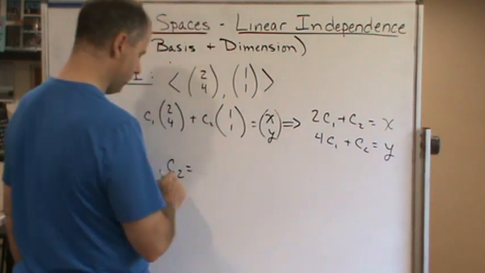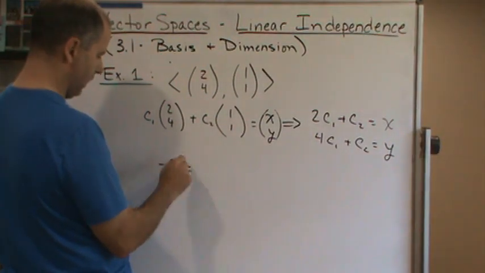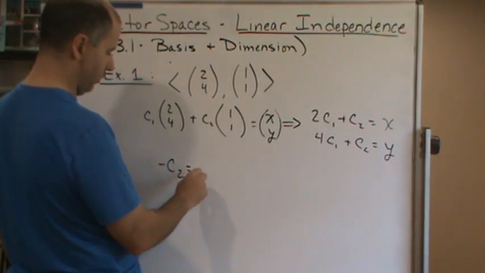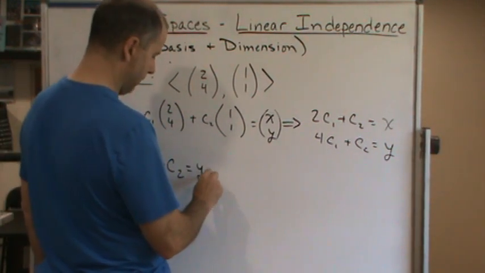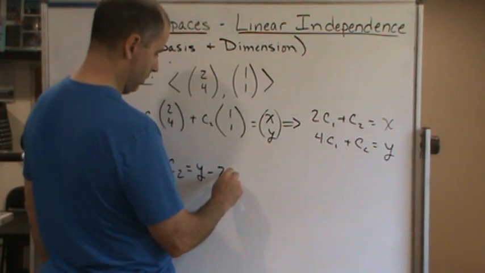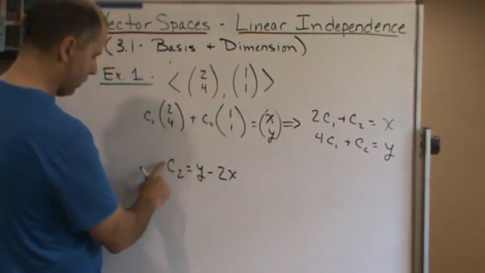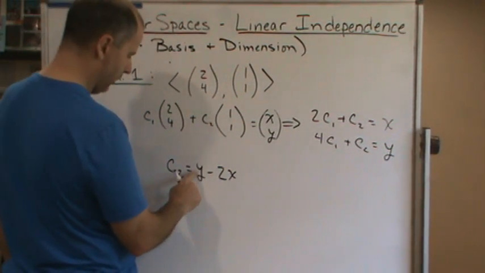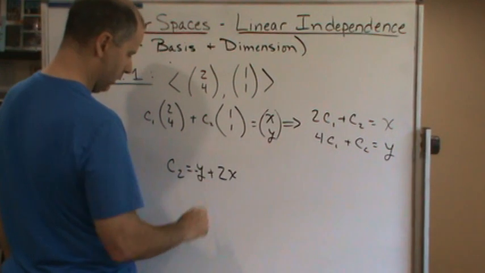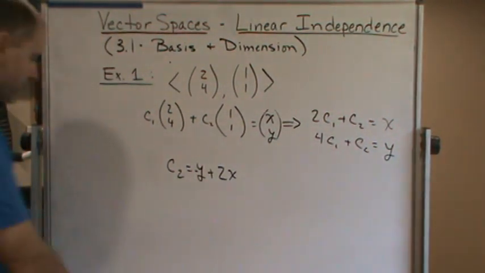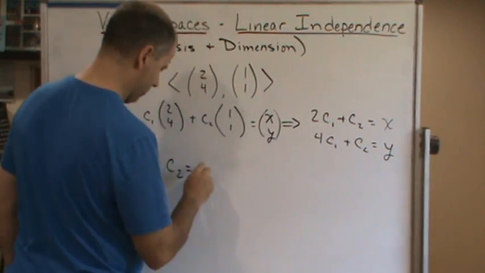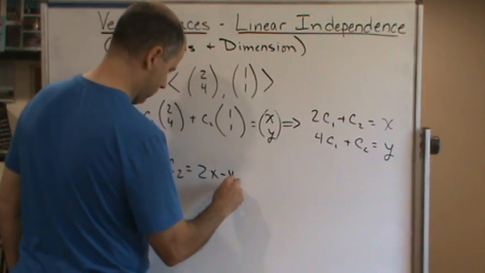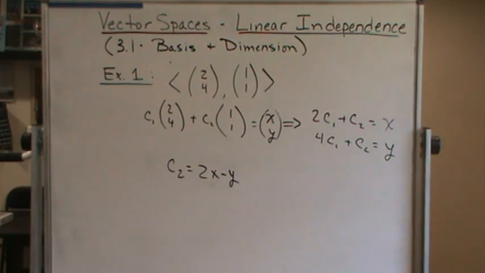Okay, let's do it in 2 steps. -C2 is going to equal y minus 2x. And of course, if you multiply by -1, you'll get 2x minus y. So that's going to be C2.